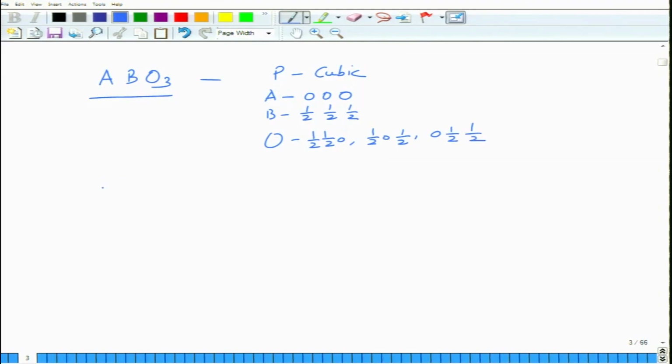But many of these ABO3 based compounds such as barium titanate, calcium titanate, lead titanate, and bismuth ferrite are ferroelectric in nature.